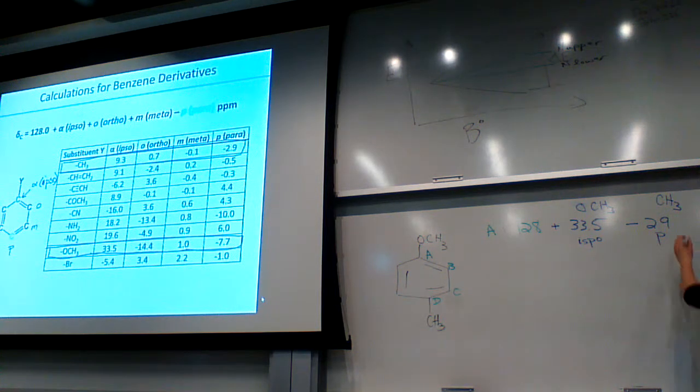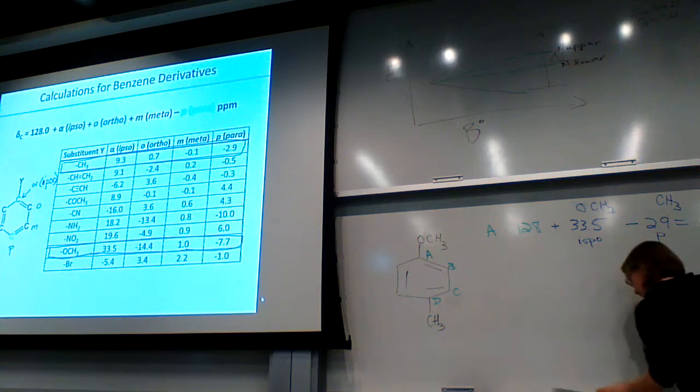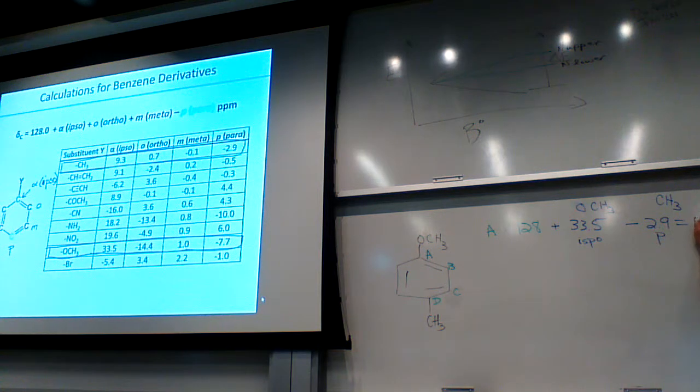And when we add that all together, we should get 158.6 parts per million. These are all in parts per million, our chemical shift value. I looked up the actual spectrum. Our actual value is 157.65 parts per million. So we're pretty close.